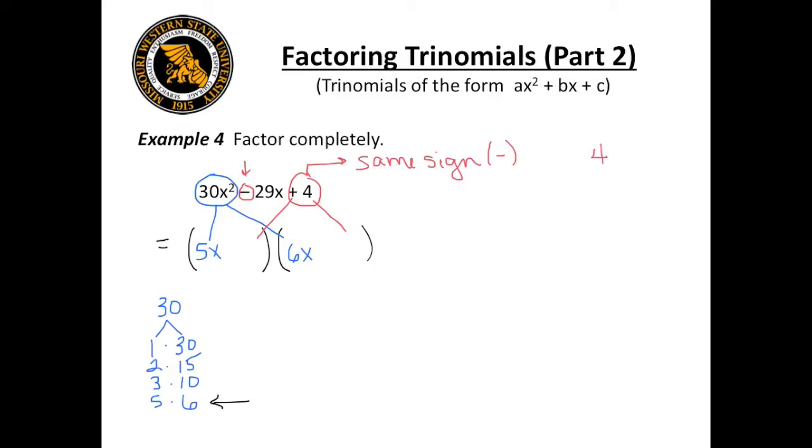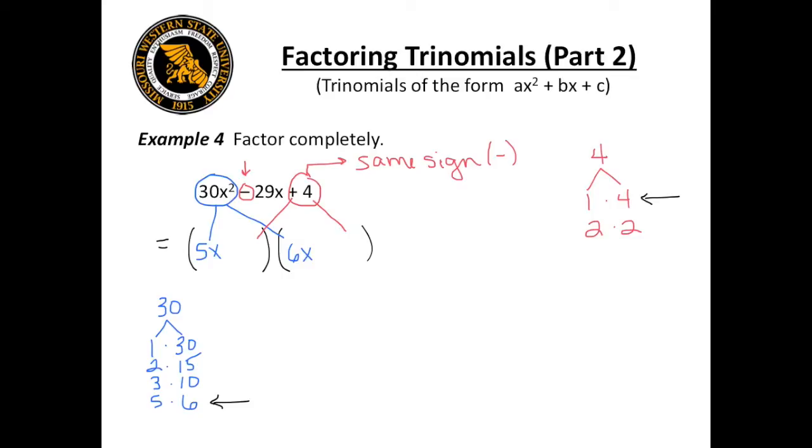Now the number 4 has 2 factor pairs, 1 and 4, in addition to 2 and 2. So again, we have to start somewhere. So let's begin with 1 and 4. Both numbers will have the same sign, both negative.